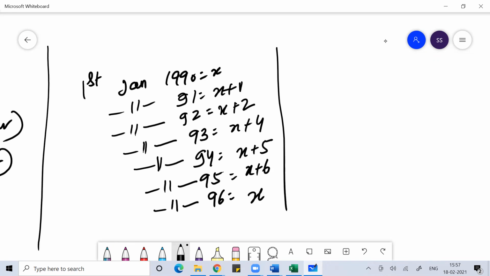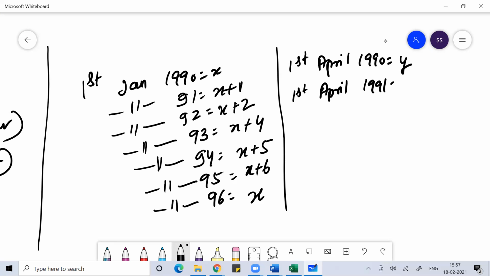While if you take 1st April, imagine you have taken 1st April 1990 as Y, then 1st April 1991 will be Y plus 1. Then 1st April 1992 will be Y plus 3.